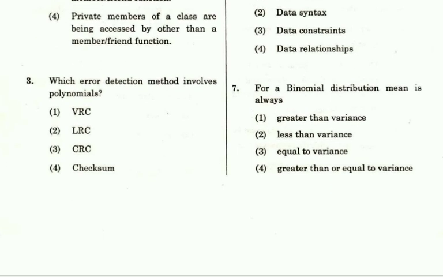Next. For a binomial distribution, mean is always greater than variance, less than variance, equal to variance, greater than or equal to variance. So first we need to find out what is the mean and variance of the binomial distribution.